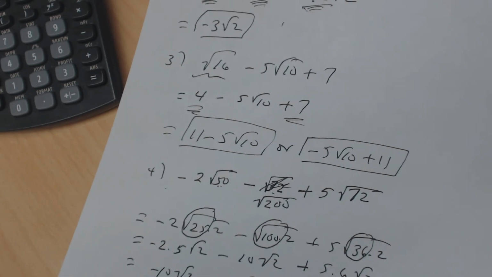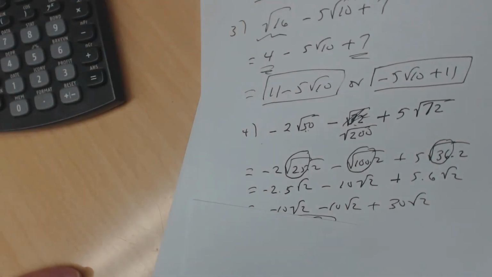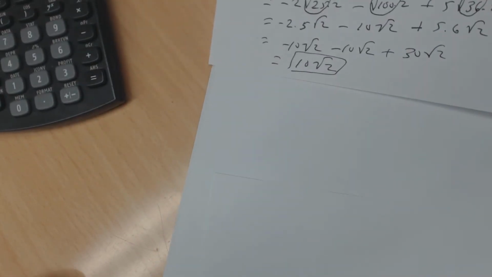That's number 5. Let's do one more with this, and then we're going to look at problems where you have variables instead. All right, so number 5.